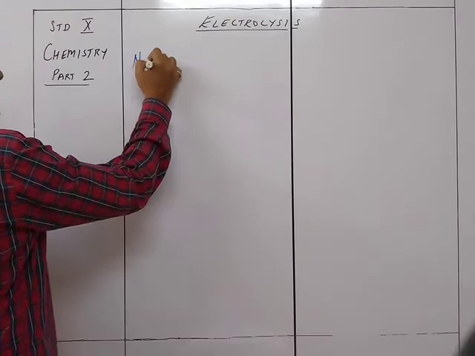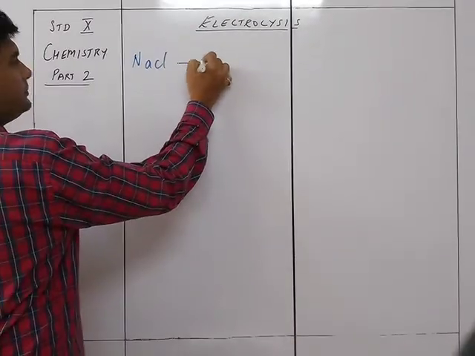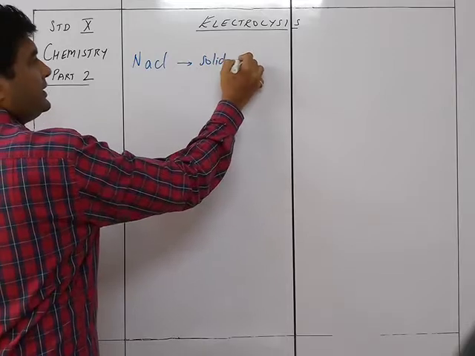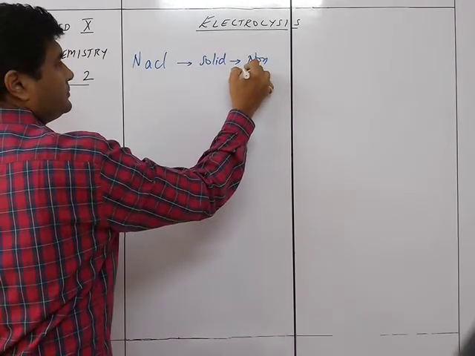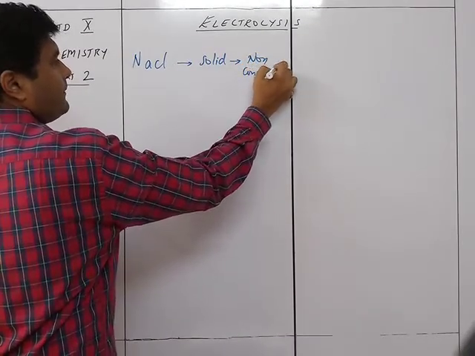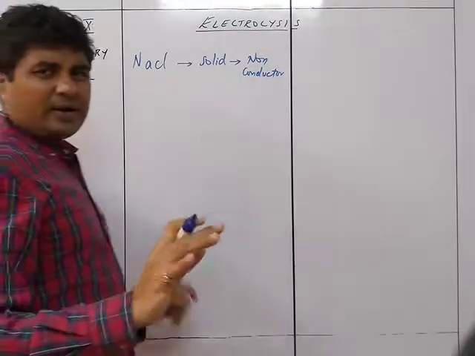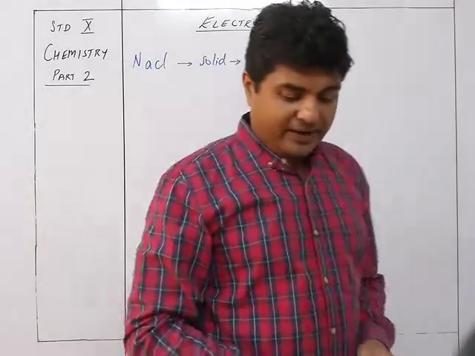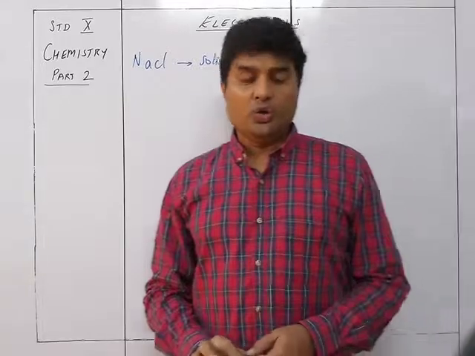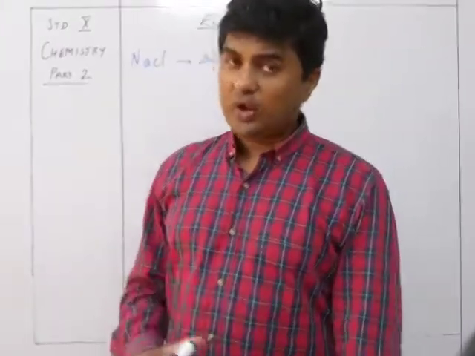NaCl when it is solid is a non-conductor of electricity. It's a bad conductor of electricity. It's not going to conduct electricity at all, so it will be a non-electrolyte in the solid state.